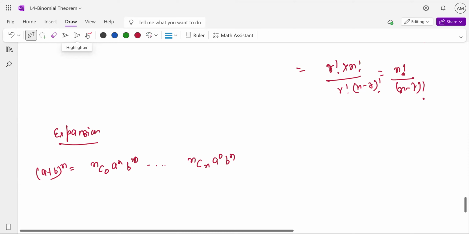So how can I do that? I need some idea like how I should do that. A general term of a binomial expansion, for example, if we take a power r, then we can write it as nCr.